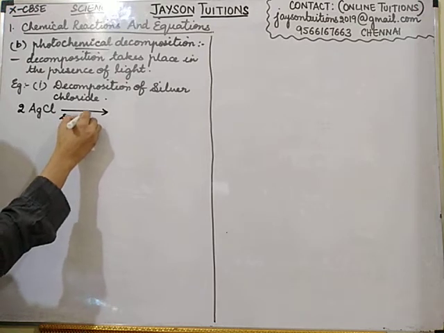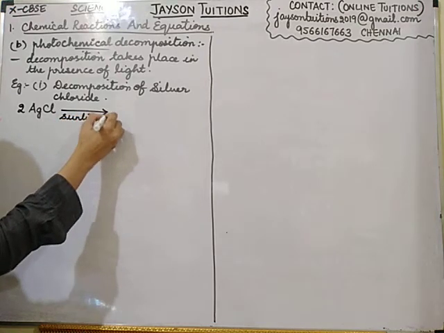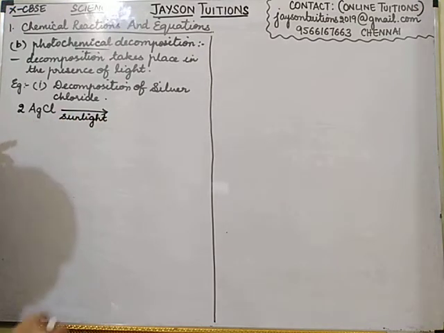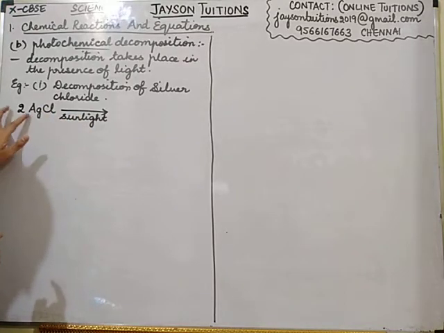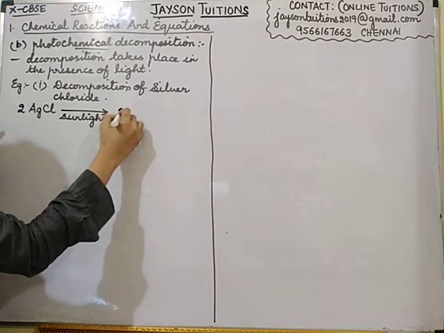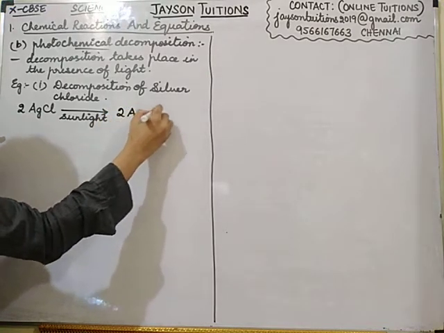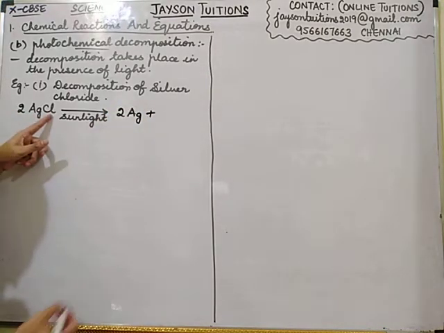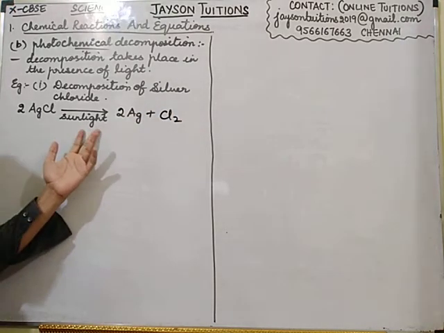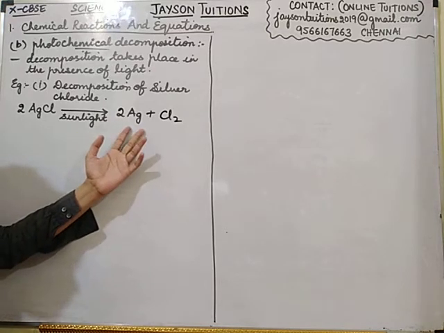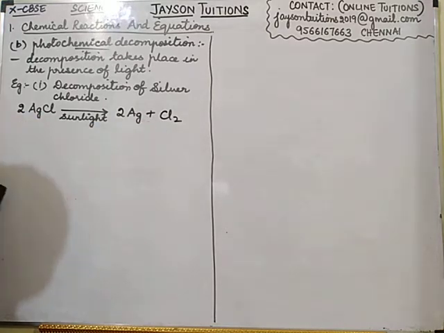When I expose this to sunlight, the silver chloride will decompose into silver and chlorine. So how many silver are there? 2. So 2Ag plus how many chlorine are there? 2. So Cl2. So silver chloride, when exposed to sunlight, will decompose into silver and chlorine.